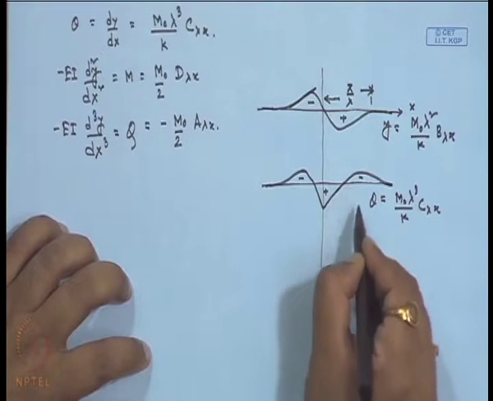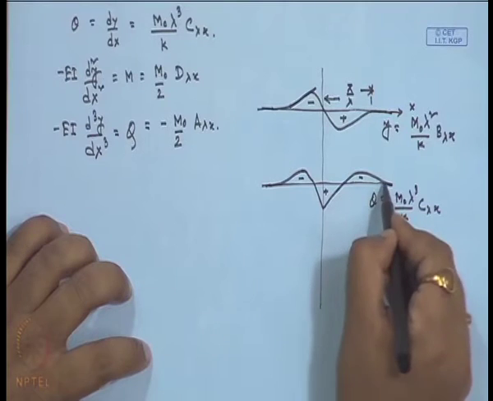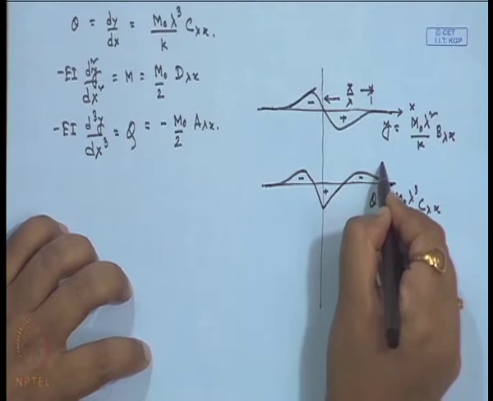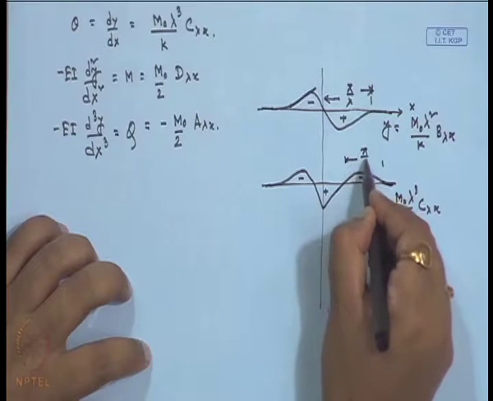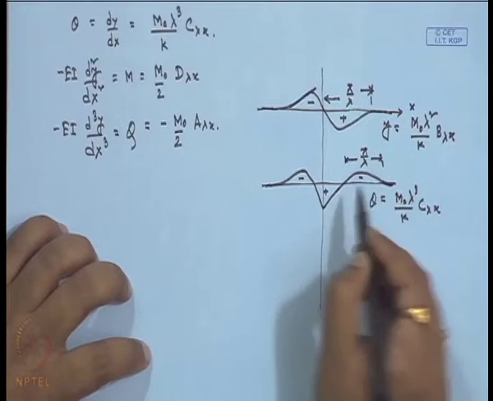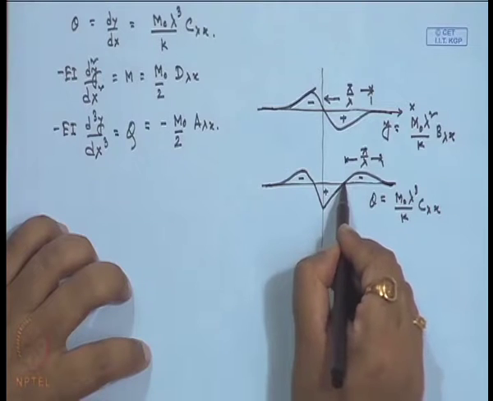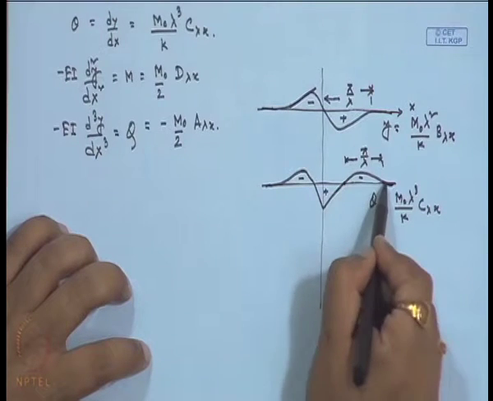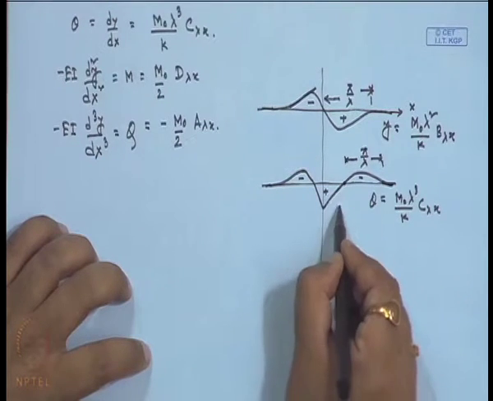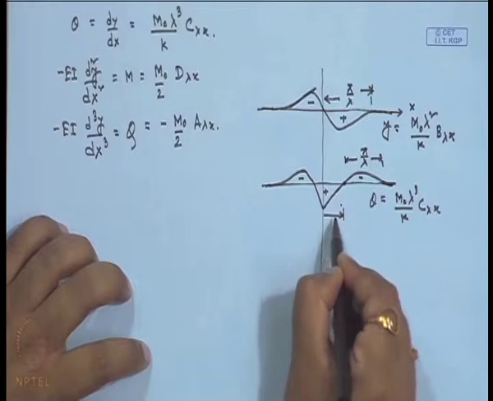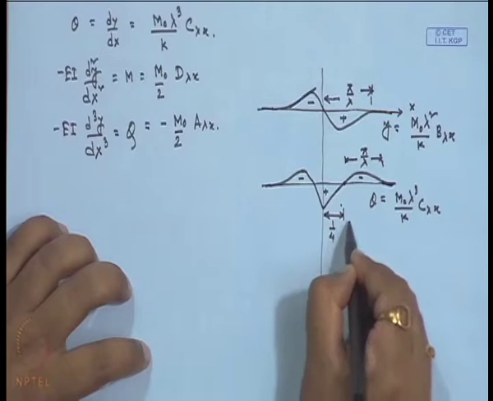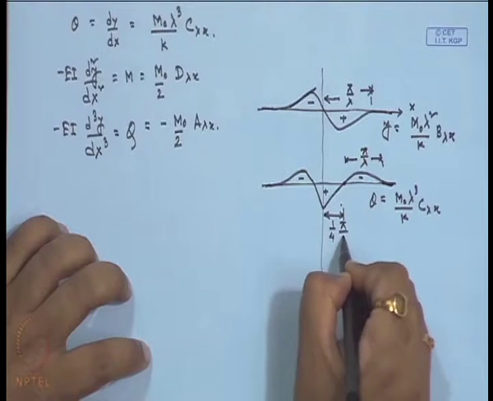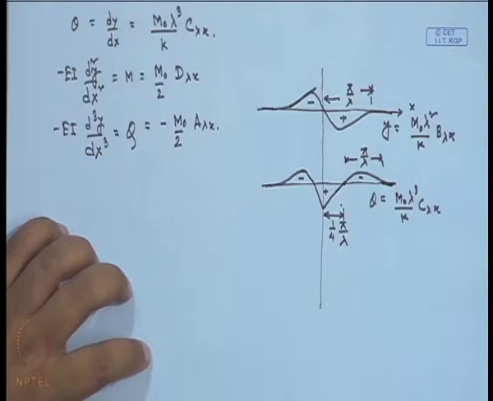Now, this distance from here to the point, that is pi by lambda. So, this point where it is changing the sign to the point where it is 0, and then this portion is 1 by 4 pi by lambda.